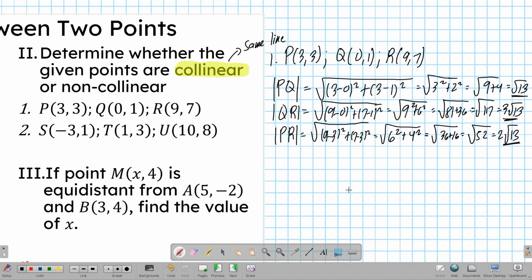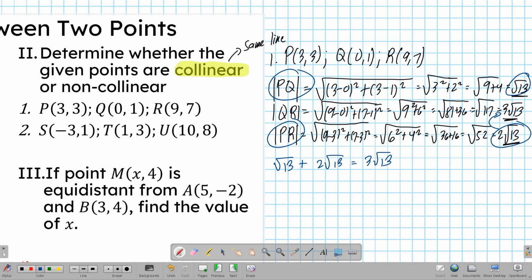So if we're going to add, it's quite logical that we are going to add PQ, let's use a different color. We're going to add PQ, which has a length of square root of 13, and PR, which has a length of 2 square root of 13, to get this. Because square root of 13 plus 2 square root of 13 is equal to 3 square root of 13.